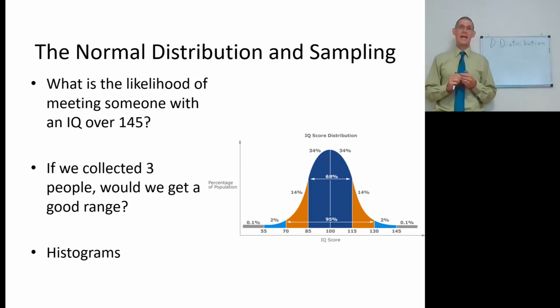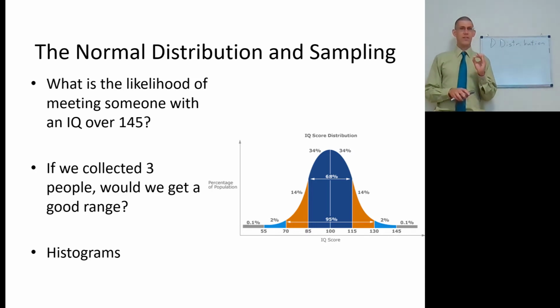This is specifically the IQ. The IQ is a normal distribution. We'll get more into that later, but the mean, the median, and the mode are all about the same. The mean IQ is 100. The median IQ is 100. The modal IQ is 100. So most people you will encounter are going to be within one standard deviation of an IQ of 100.